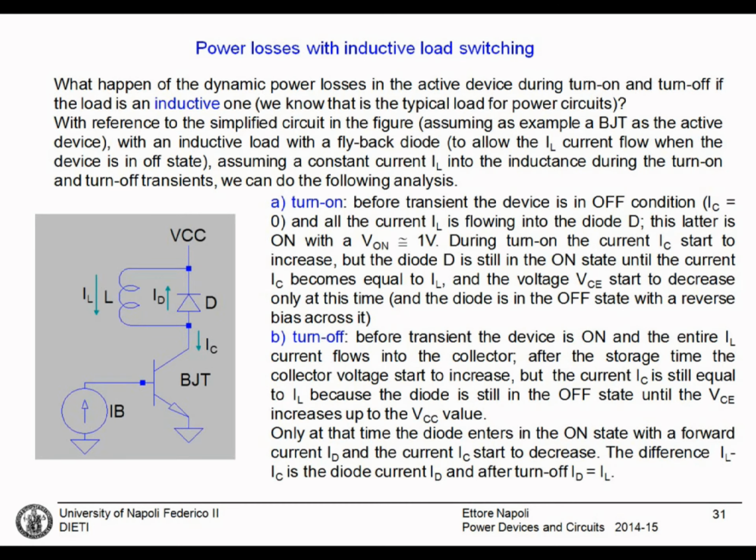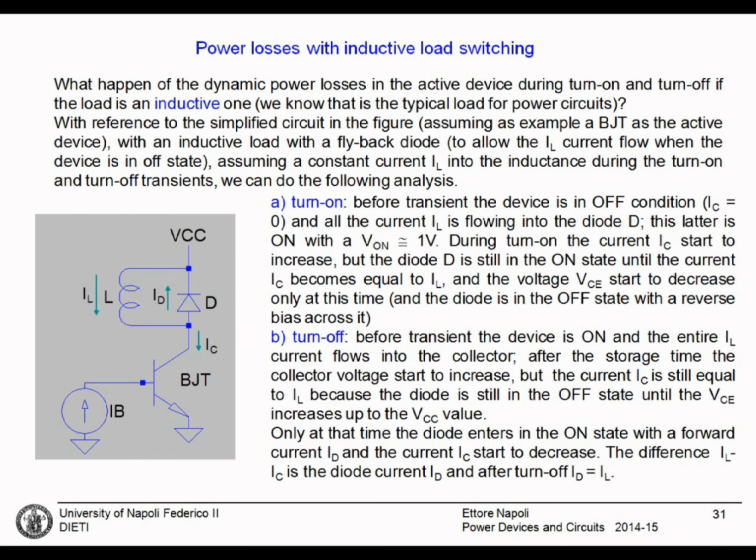And the diode can be on only if this voltage is higher than VCC. Always neglecting the voltage drop on the diode with respect to VCC, this means that during the first phase of the transient, the voltage increases and reaches VCC. And in this time period, the current is still at its maximum.